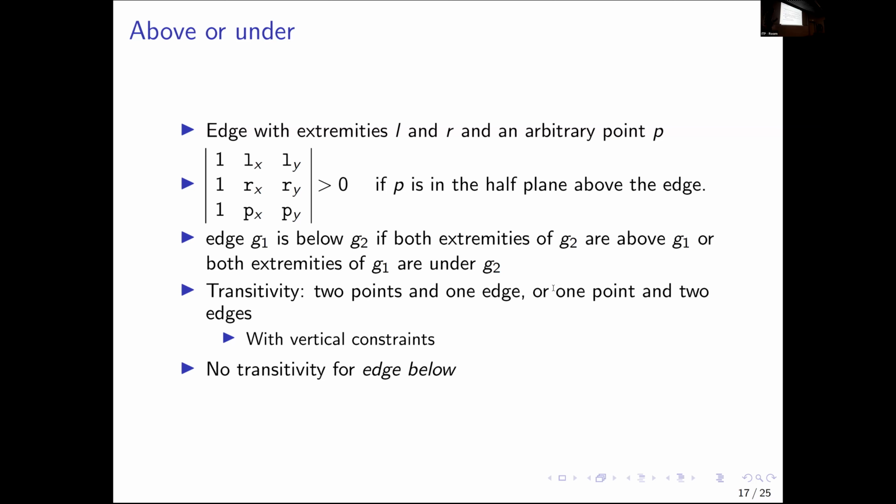But there is one tricky thing, is that the notion of edges being below one another is not transitive in general. So it made all the proof more complicated, because you can only talk about edges being above one another if they are above the same point, and even so, you have to be careful about extremities and things like that.